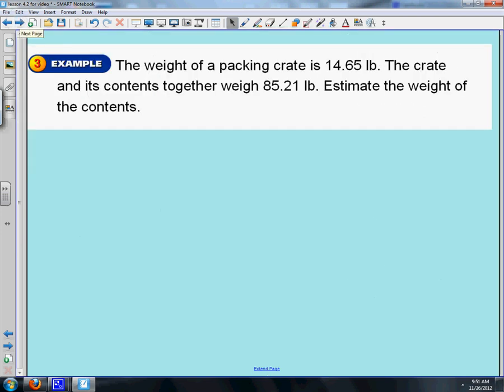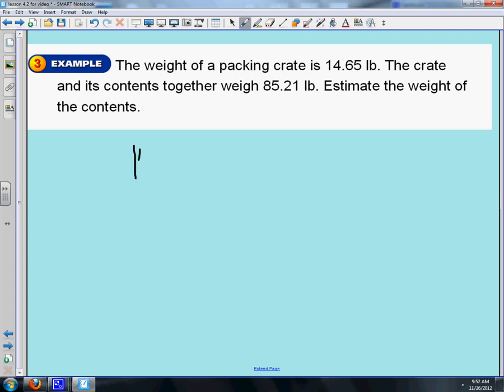Okay, so next example. The weight of a packing crate is 14.65 pounds. The crate and its contents together weigh 85.21. Estimate the weight of the contents. So this happens all the time. People sell boxes and then everybody puts different things in them that weigh different amounts.